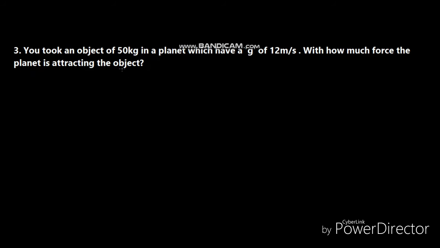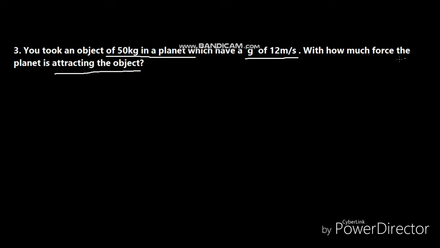So here we come to the third problem, and here we are given some information. You took an object of 50 kilogram on a planet, not Earth, which has a g of 12 meter per second squared. Oh, that is higher than the Earth. With how much force is the planet attracting the object? This is not very difficult, but it is hard if you don't understand the concepts clearly.